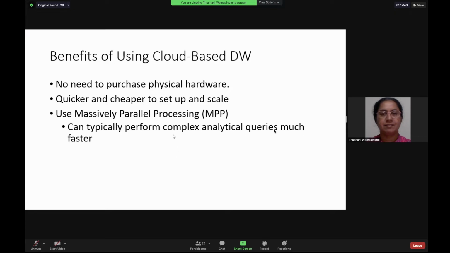If you think about the benefits of using cloud-based data warehouses, you don't need to purchase the physical hardware, because those resources are available, and you can access and use them and make a rental payment, let's say, monthly or yearly. If you want to store a lot of data there, you have to make a payment.